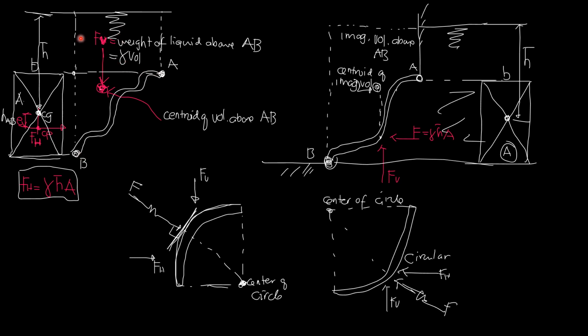Of course, we have to consider this part, which is rectangular, and this part, which is the area bounded by this curved surface, this vertical line, and that horizontal line. Now, this curved surface may be circular, may be parabolic, or any curve. As long as the equation is provided, we can easily compute for the area here.